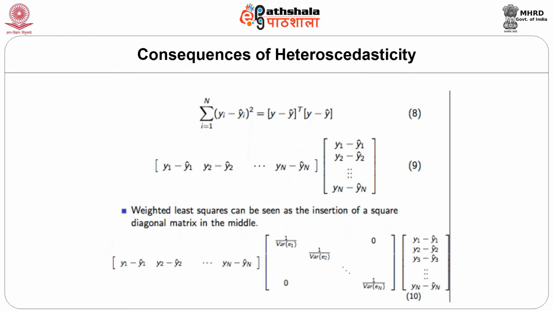Weighted least squares can now be seen as the product of these two vectors with a matrix inserted in between, where the matrix has 1 over variance of ei as the diagonal elements and 0 as all the off diagonal elements. WLS, or weighted least square estimation, always proceeds with the assumption that the off diagonal elements are 0.